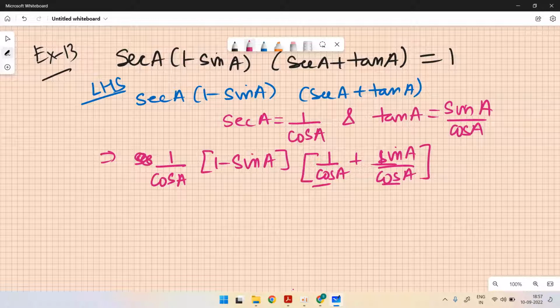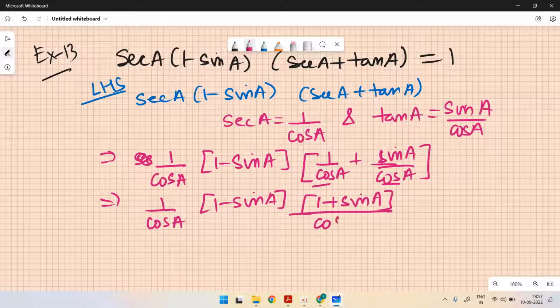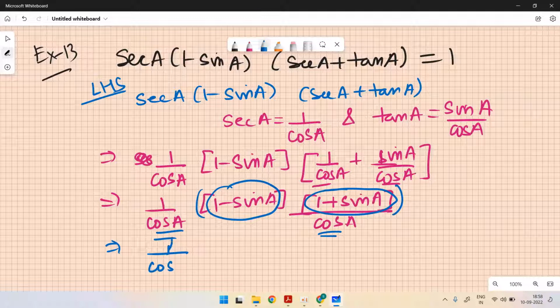If you see this, both denominators are the same, so my expression will become 1 by cos of A into 1 minus sine A into 1 plus sine A by cos A. Now in the numerator, I will solve this much: 1 minus sine A into 1 plus sine A. Taking the combination, it is 1 by cos square A, and this is 1 square minus sine square A, since A minus B into A plus B is A square minus B square.